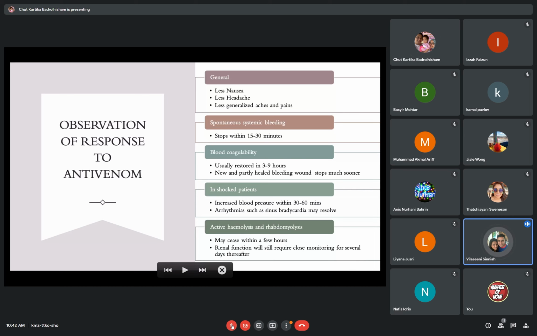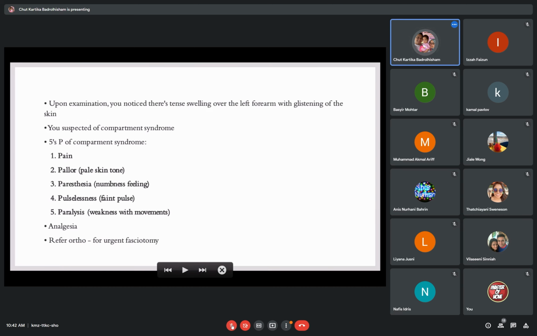Can we go back to the previous slide? Yes. Okay. Regarding fasciotomy in snake bite, if you are the professionals dealing with snake bite envenomation, the swelling is basically due to the envenomation. True or not? Agree? Yes.